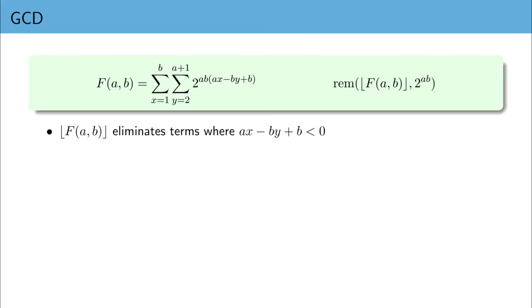So in general, taking the floor of f of ab eliminates terms from this sum where ax minus by plus b is strictly less than 0.